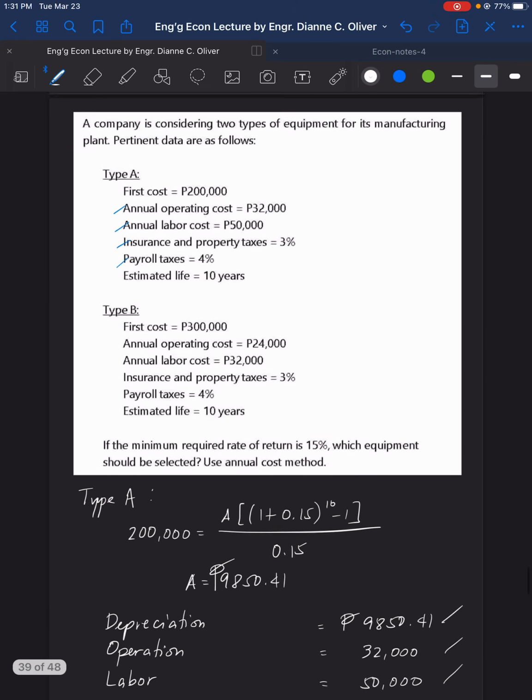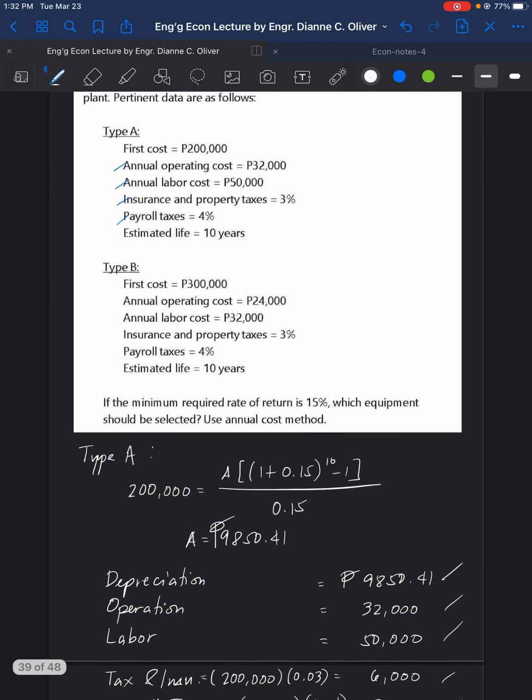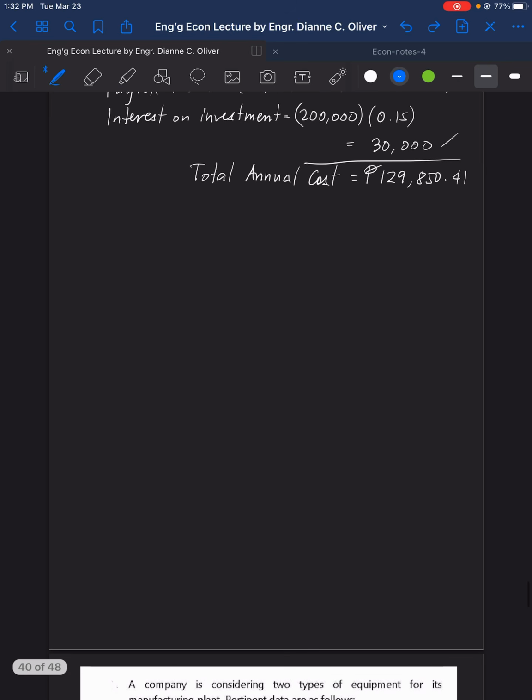Now let's go to type B. Again, for type B, we have the annual costs. Then we will just convert this first cost into annual cost. So for type B, we have here 300,000, but we will use the future worth of annuity so as to solve for the depreciation. 1 plus 0.15 raised to 10 minus 1 all over 0.15.